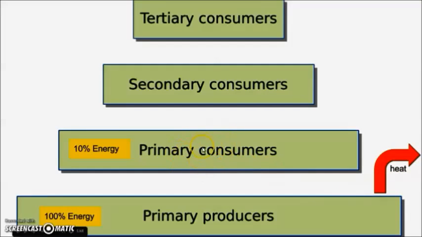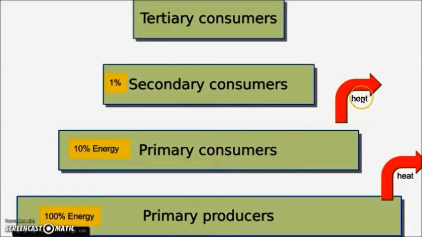Now the primary consumers will get eaten by secondary consumers, and it's about the same amount. About 10% of the 10% will go to the secondary consumers. So 10% of 10% is 1%. So secondary consumers have about 1% of the energy that was found in the producers. And again, the primary consumers, most of their energy will get lost as heat.